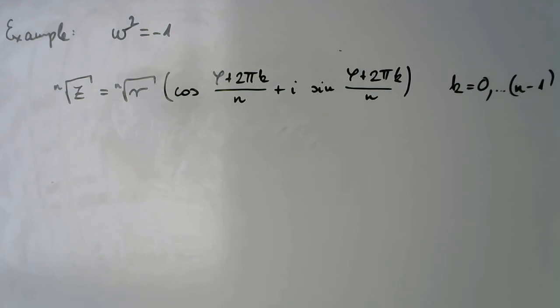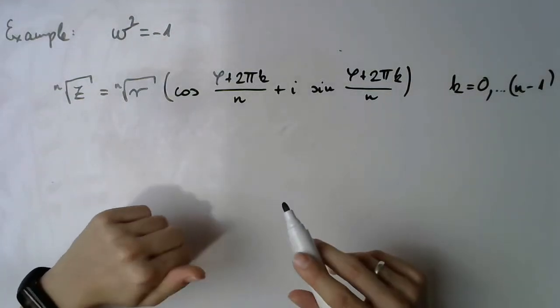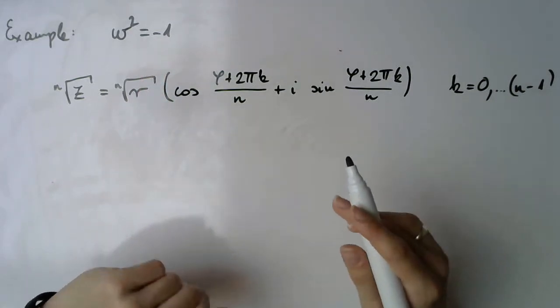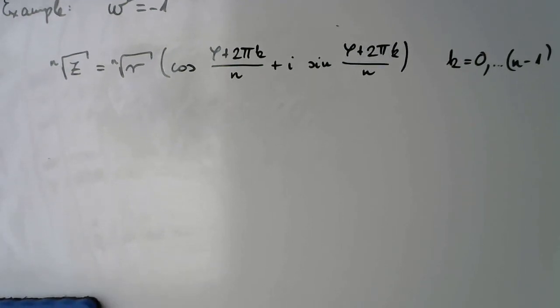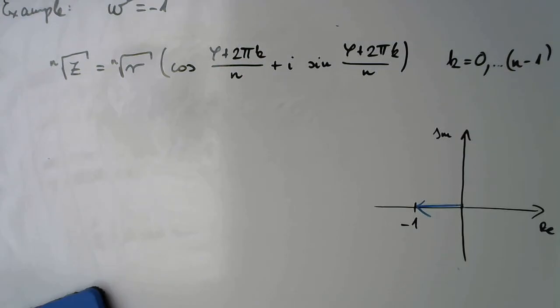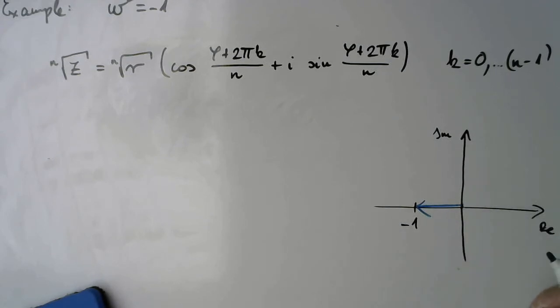And obviously, if I want to substitute the correct values, I will have to write -1 as a complex number. So for that, I will draw this number in the complex plane. I know it sounds unbelievable, but these lines are both straight. So here I have the vector representing the complex number -1 plus 0 times i.